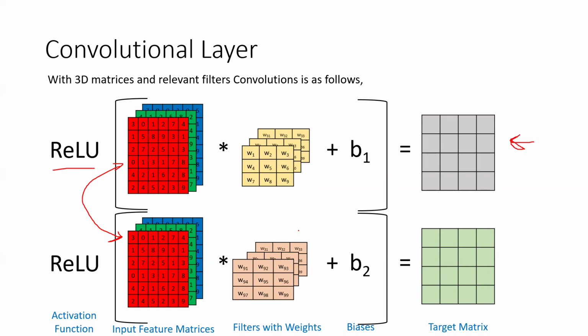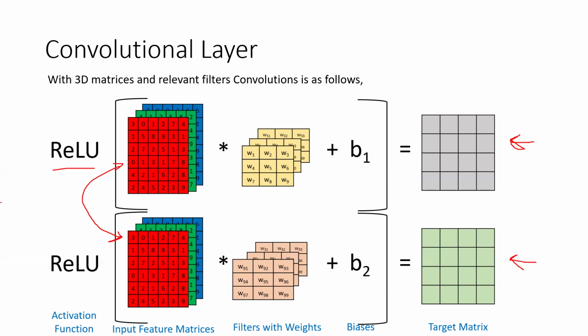Similarly, when you have two filters, you can get another output image by doing the same operation. This is new, so just look at it and try to remember what we are doing here. ReLU is the activation, we have learned it.